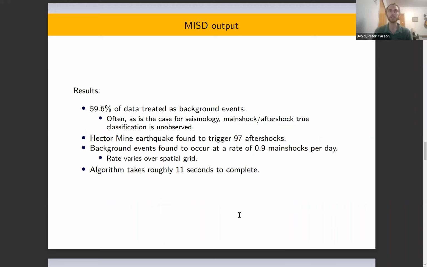Additionally, we found that the Hector Mine earthquake was responsible for triggering probabilistically around 97 aftershocks. And the background rate, again, can vary over space, but on average, we found about 0.9 main shocks to happen per day. And what was very nice was this algorithm took only about 11 seconds to complete.